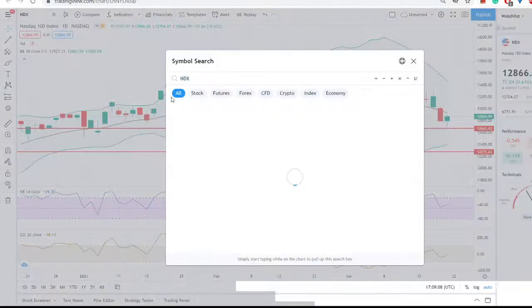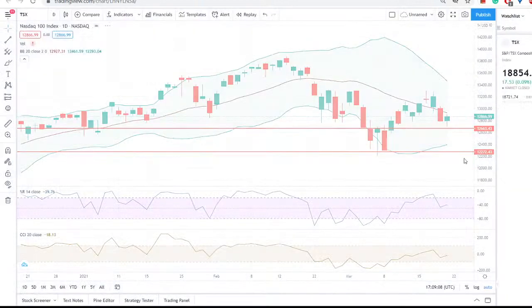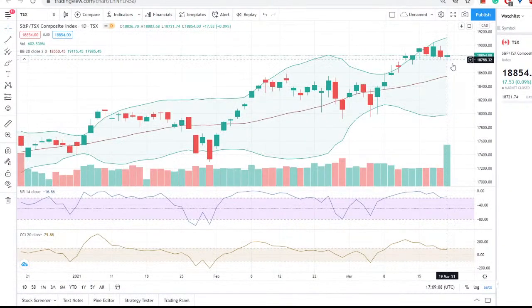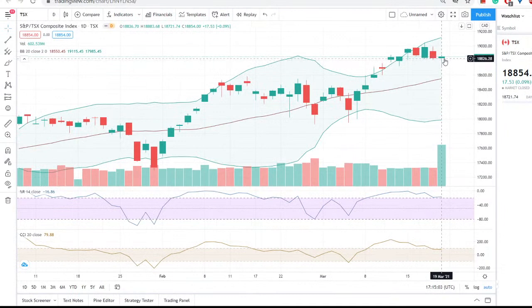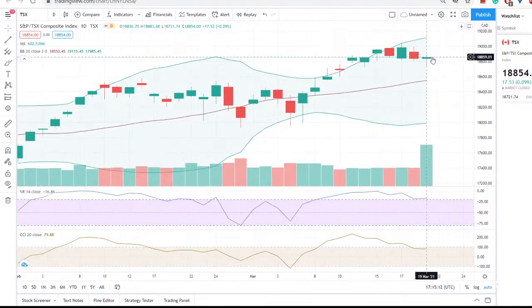We can confirm for TSX as well, just quickly. On TSX, since the indicators are flat and the market has pulled up, Monday is indecisive, as I was saying.